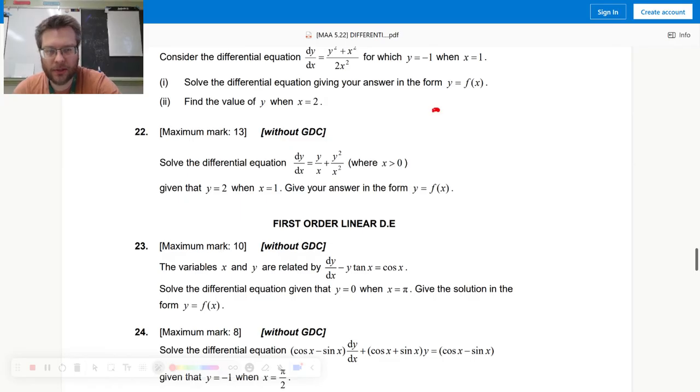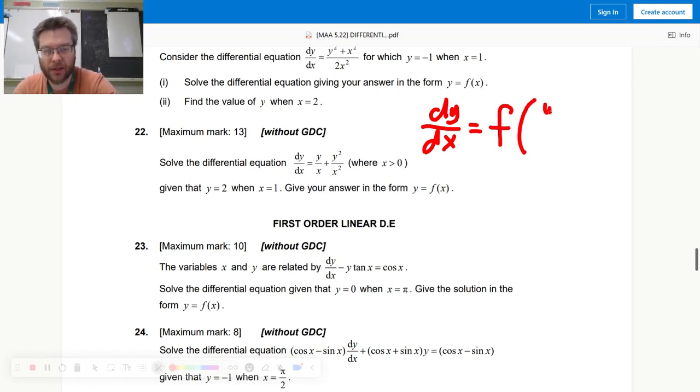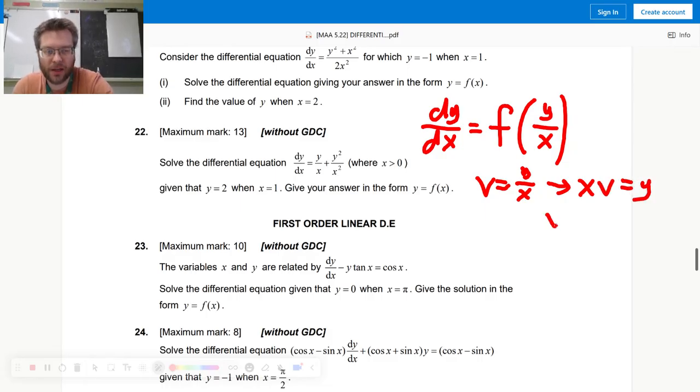You use this substitution when you have a differential equation where the derivative is equal to some function of the ratio y over x. If that's the case, then we say, let v equal y over x, and we do our x times v equals y, and we get that v plus x dv dx equals dy dx.